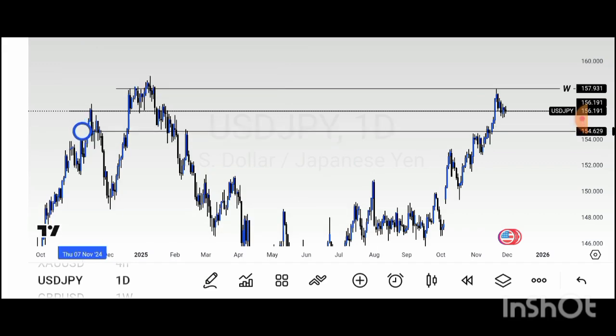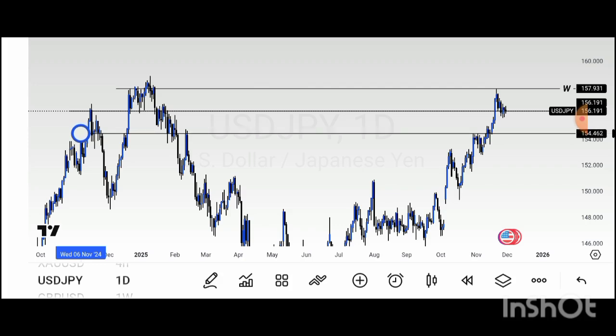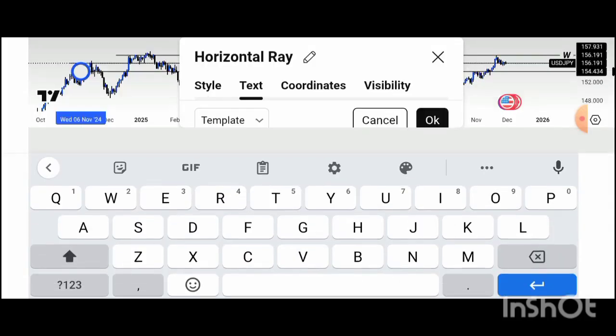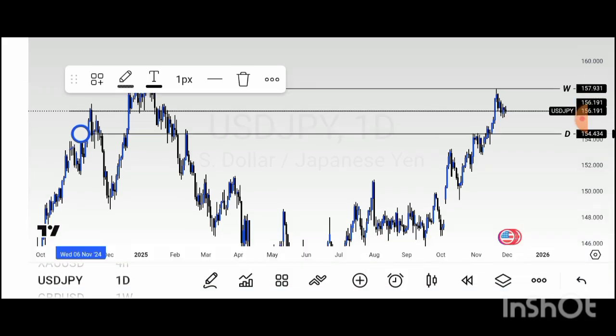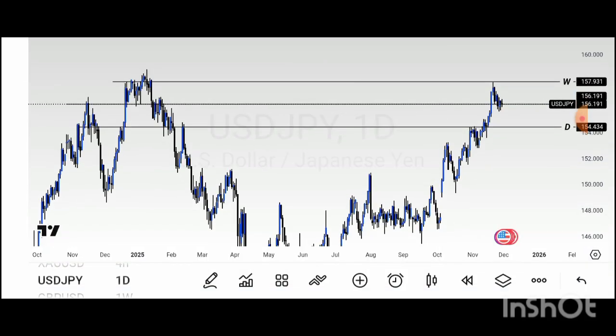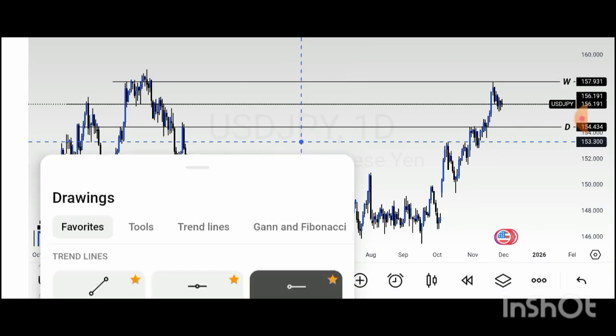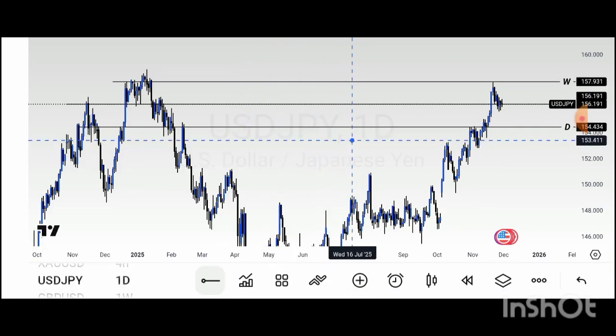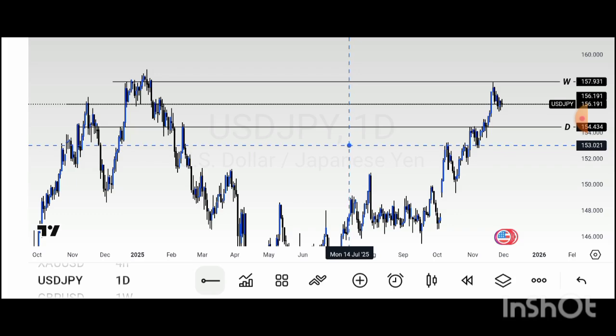So let me just see something around here. This is also a daily key level, so let's put it there. Like I said, as you go down to the smaller time frame, you might want to adjust some of the key levels you are drawing, but let's just continue drawing our key levels.